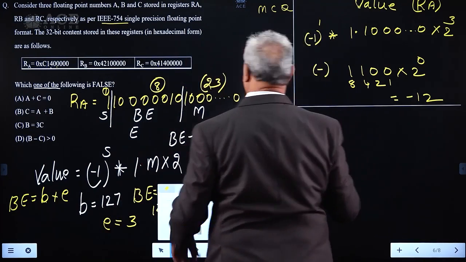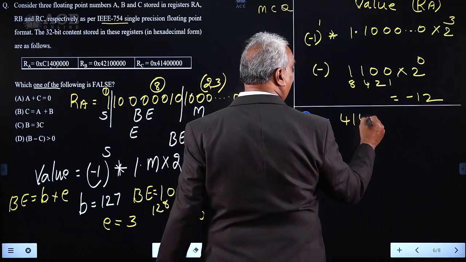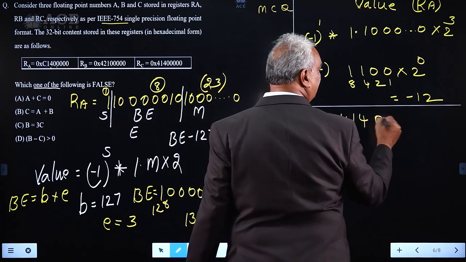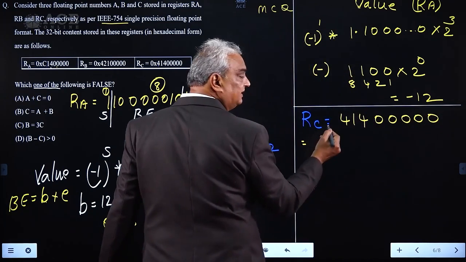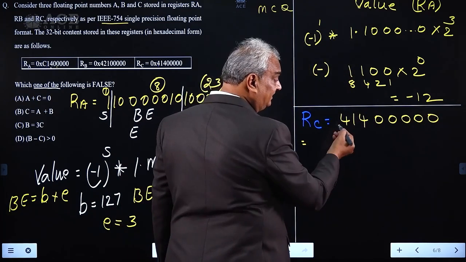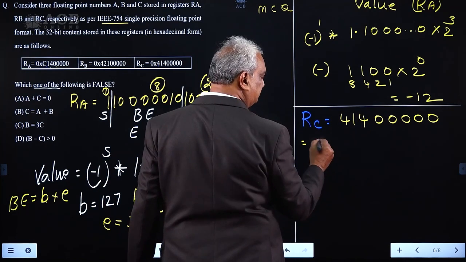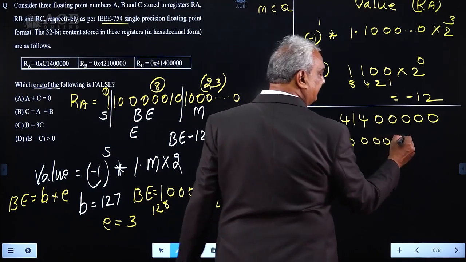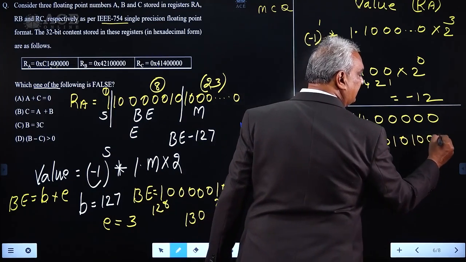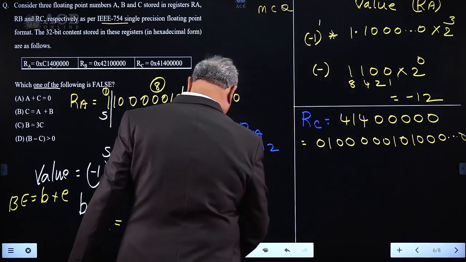RC value is 414, remaining all are zeros. Here I am going to write the binary value for the same. 4 means 0100, 1 means 0001, again 4 means 0100. Remaining all are zeros.